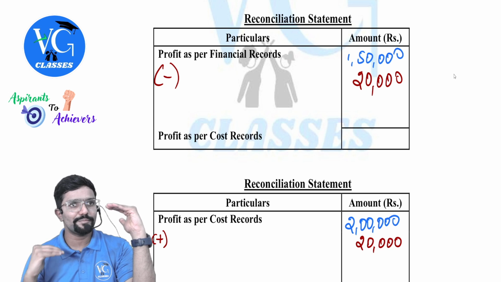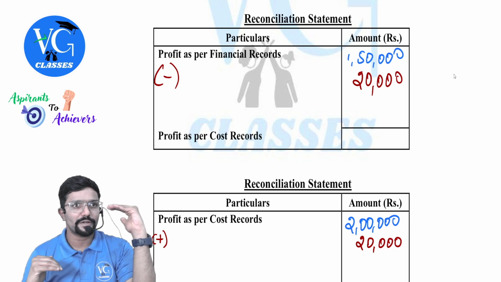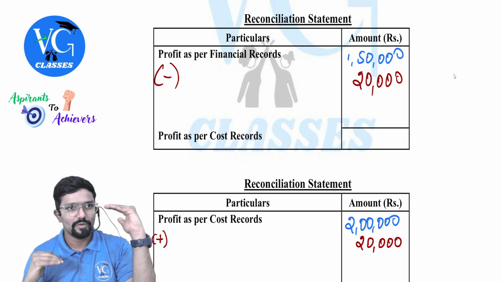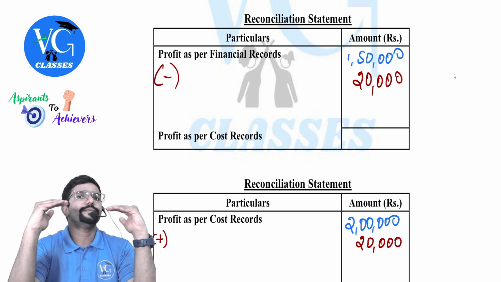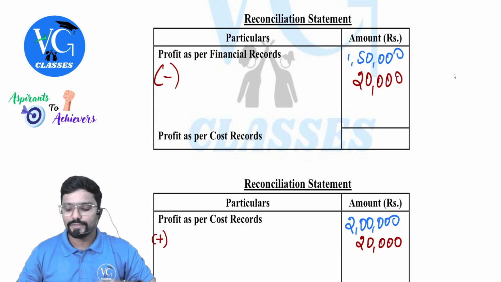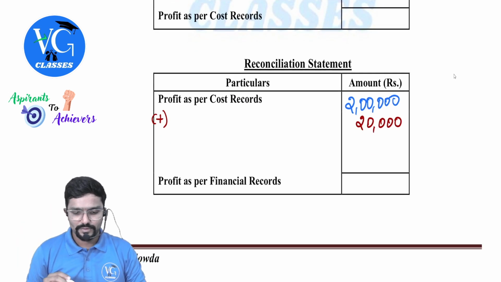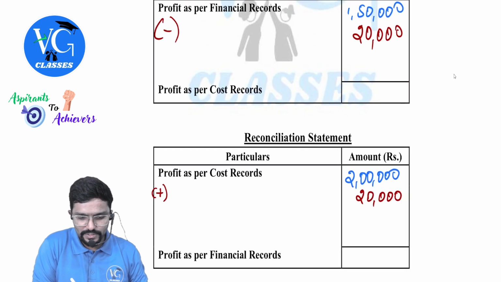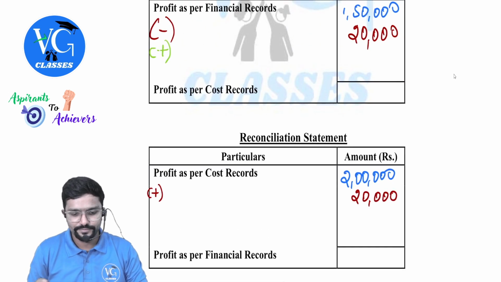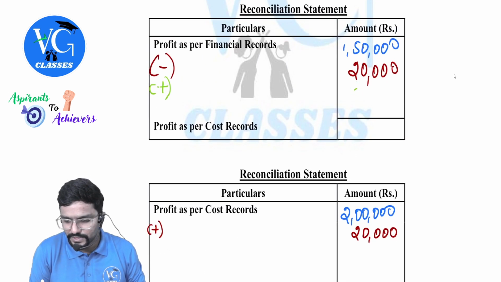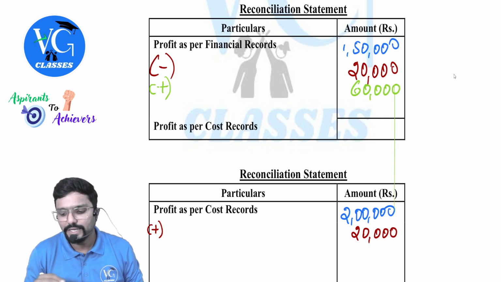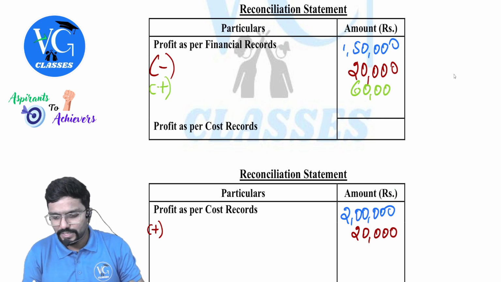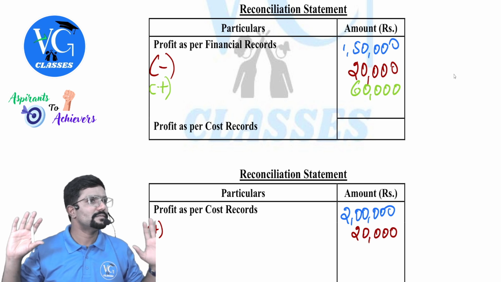Now, if my starting point is financial profit, if I have to match it with costing profit, what should I do? It has already gone down. What should I do now? Add it up, guys. So for this, we need to add 60,000. Clear?